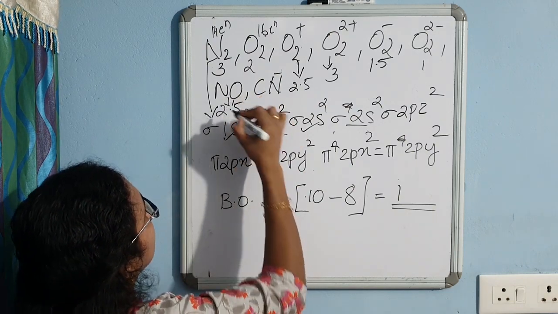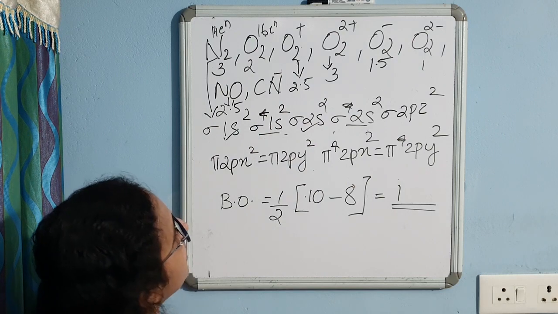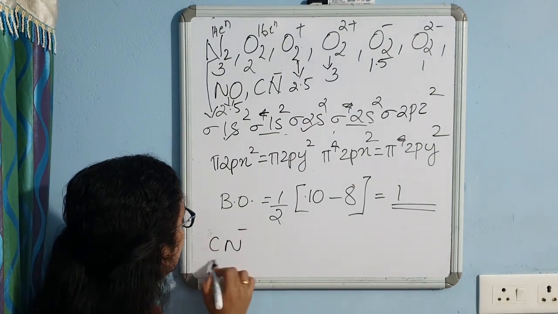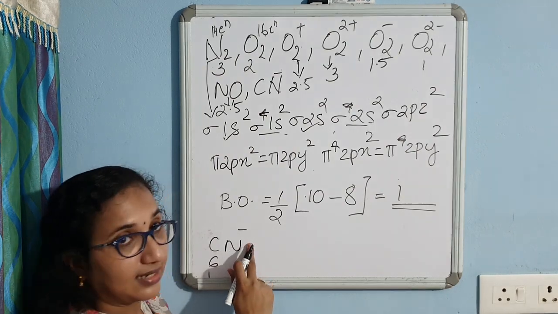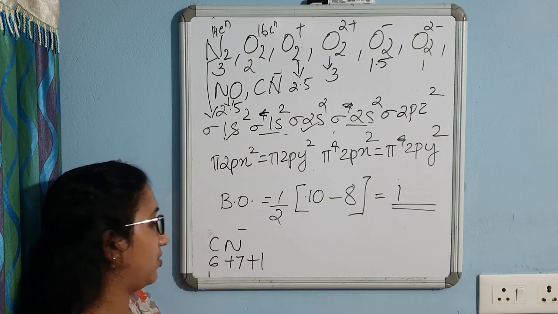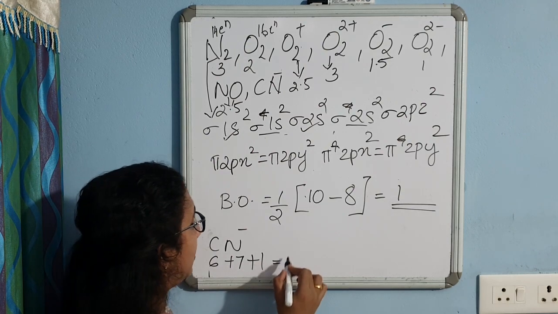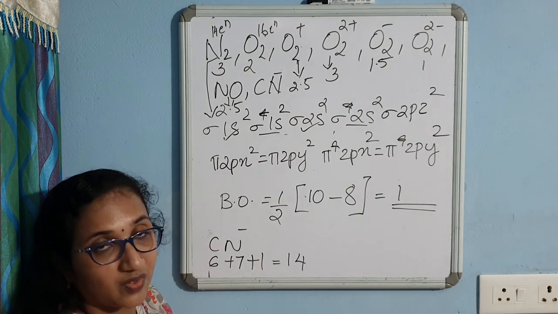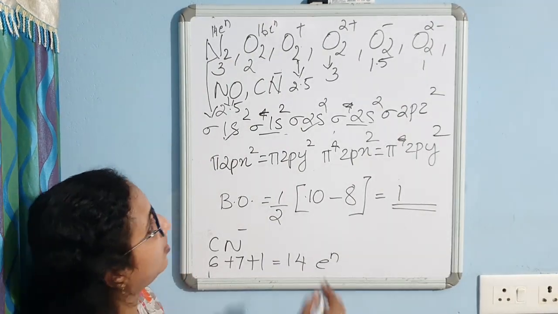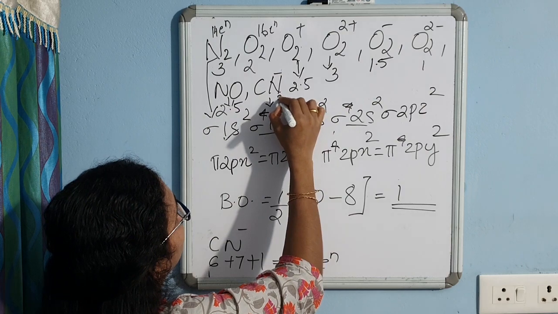Okay, similarly the cyanide ion, we know carbon has 6 electrons, nitrogen has 7 electrons plus an additional 1 electron. So it will be 14 electrons. So cyanide is also isoelectronic with nitrogen. So it will have a bond order 3.